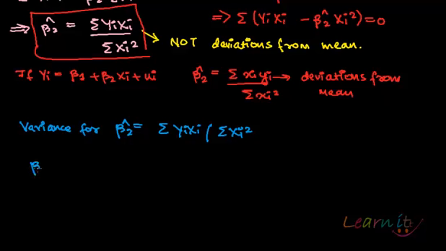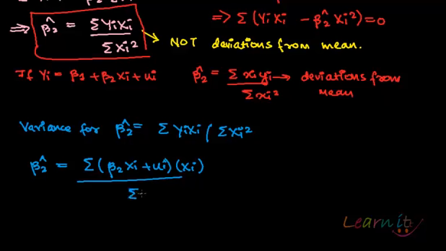Well, in place of yi, let me write the true model, which is beta 2 xi plus ui. This is the true model which you have, upon summation of xi square. Clear?